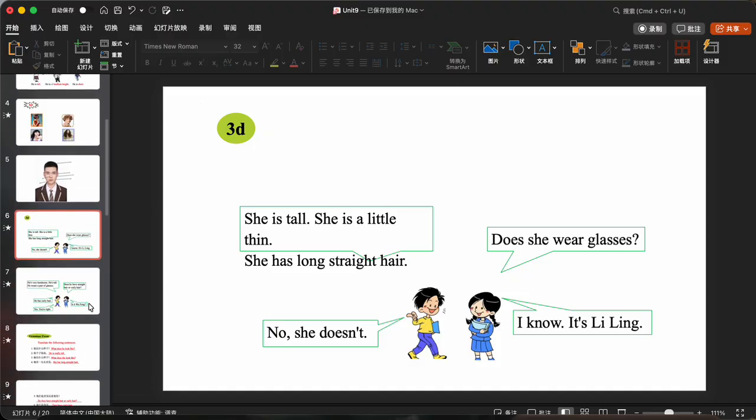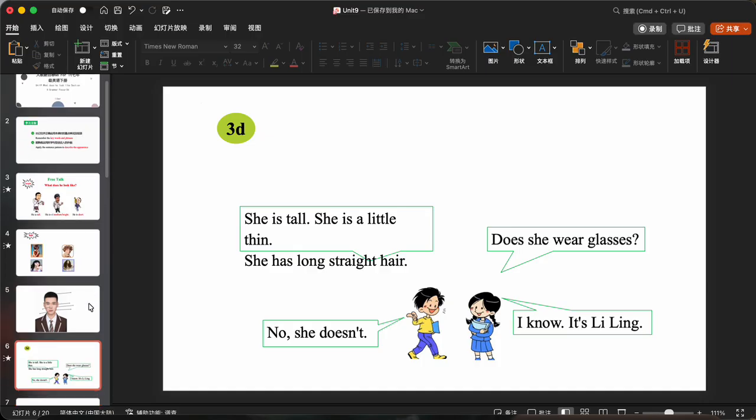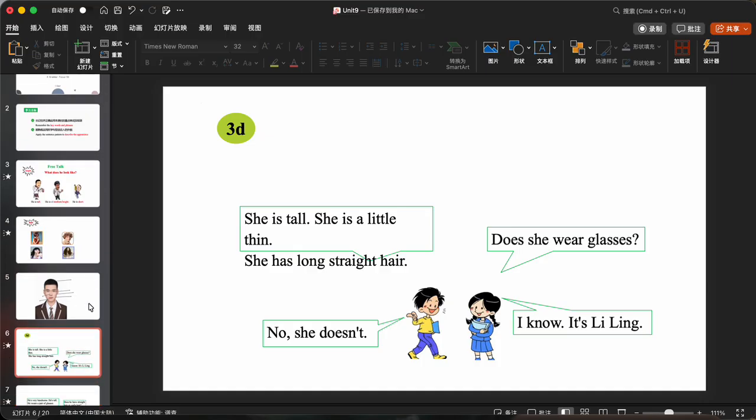So that's how I think I can apply the redundancy principle and signaling principle. So that's all. Thank you.